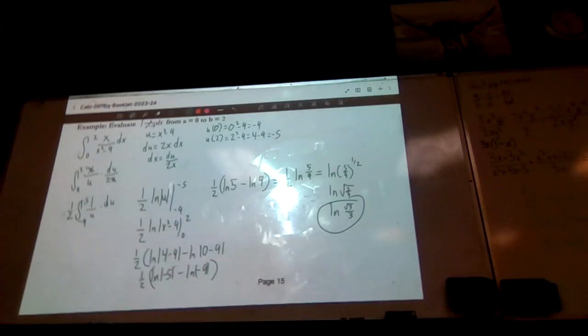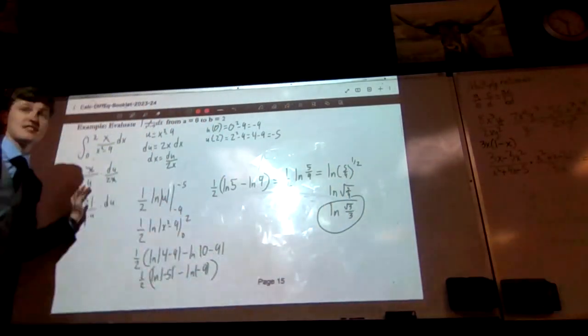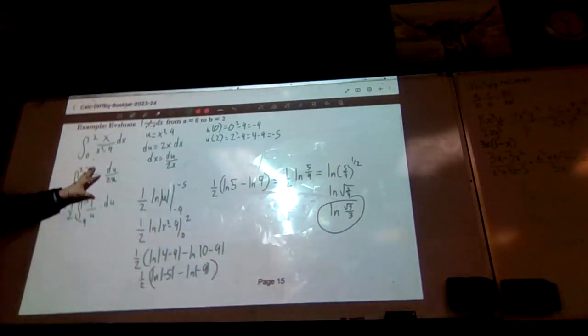It doesn't really matter what you do. It's kind of up to you, but I will say choose one and stick with it. Either keep u on your definite integrals and solve through there, or change to x always and keep the old range. What did we do for the problems above?